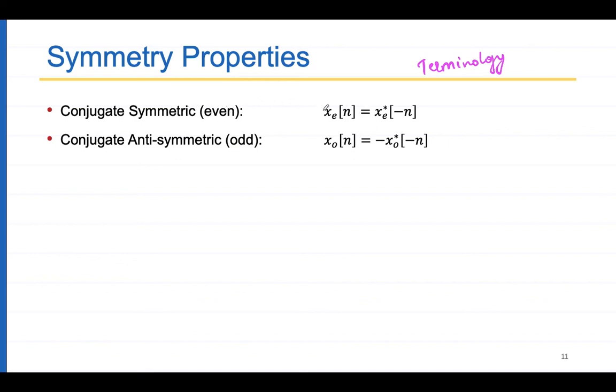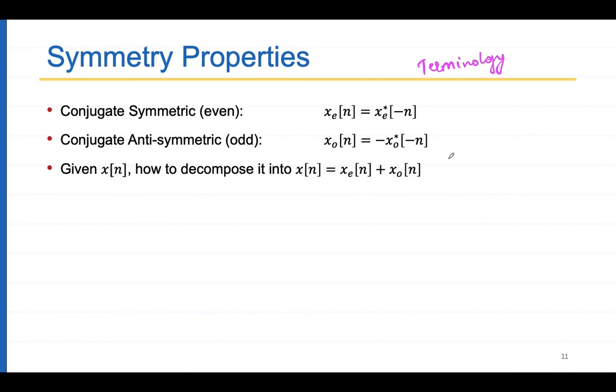If x[n] is real, then even means x of n is x of minus n, and odd means x of n is minus x of minus n. But in the complex domain, it becomes conjugate. X even of n is x conjugate of minus n, and x odd of n is minus x conjugate of minus n. Right? If x is even, then this property is satisfied. If x is odd, this property is satisfied.